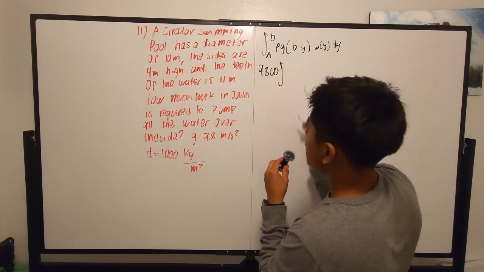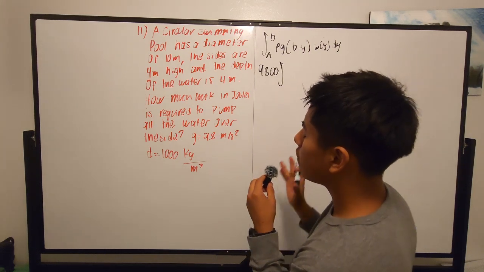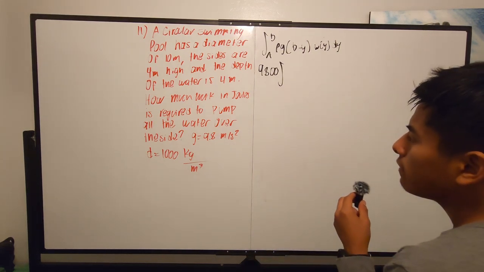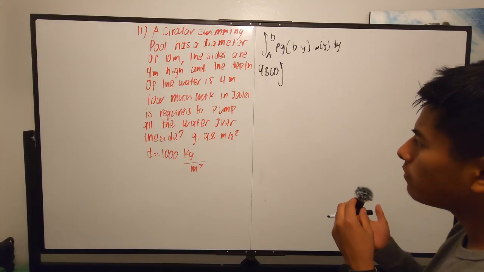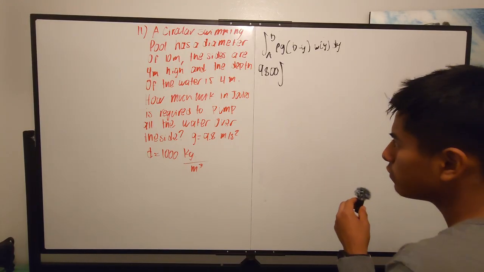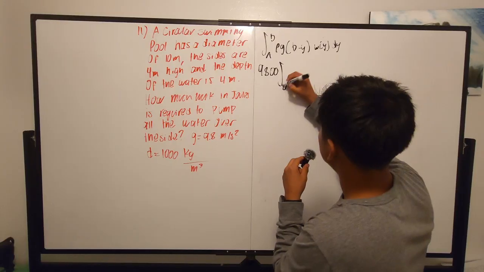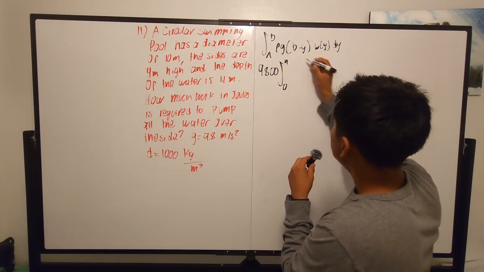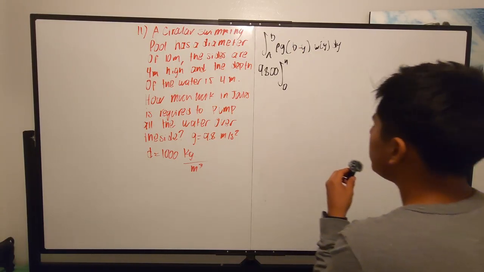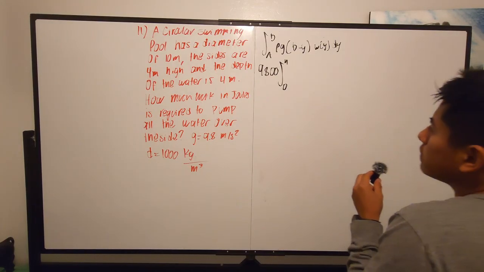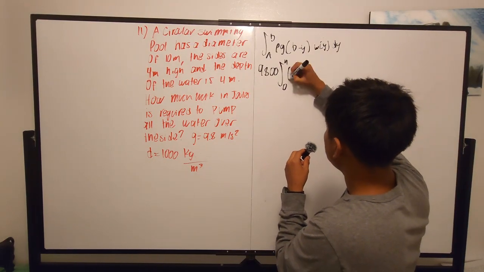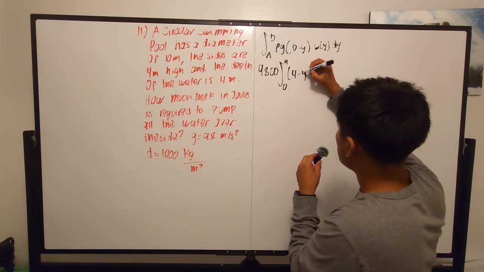And we know our bounds actually. Since we want all the water to go out, and the water is 4 meters deep, and the walls are also 4 meters, that's going to be from 0 to 4. Since our base is at 0, this b minus y is just going to be 4 minus y.